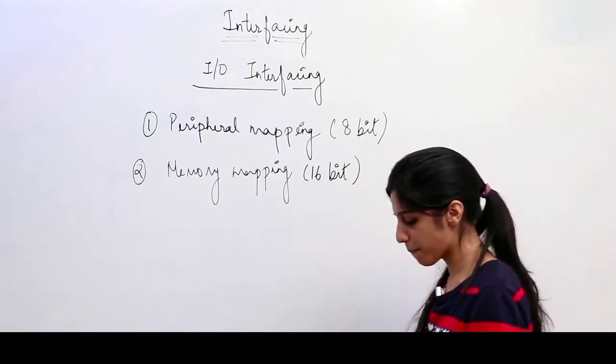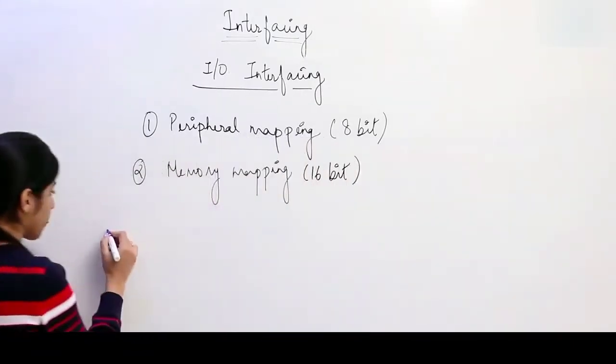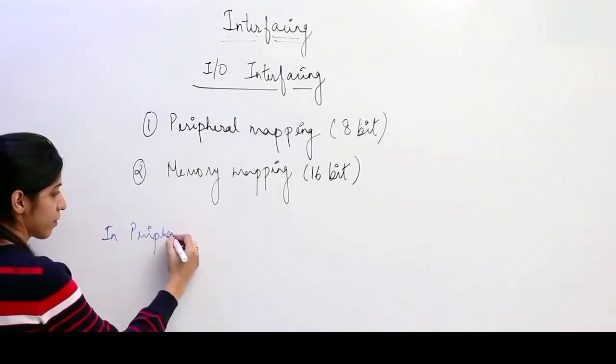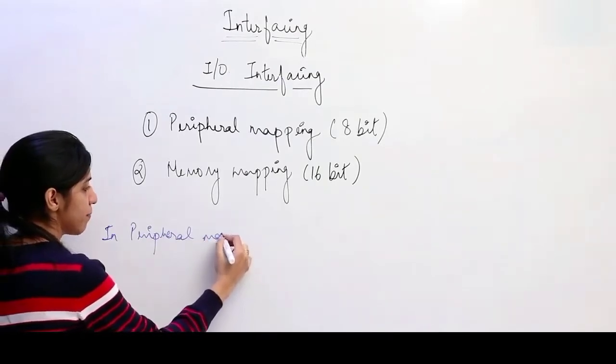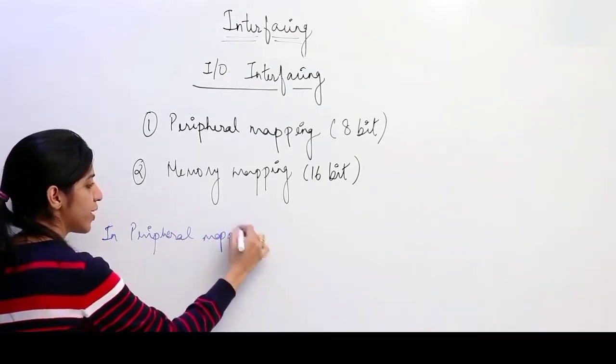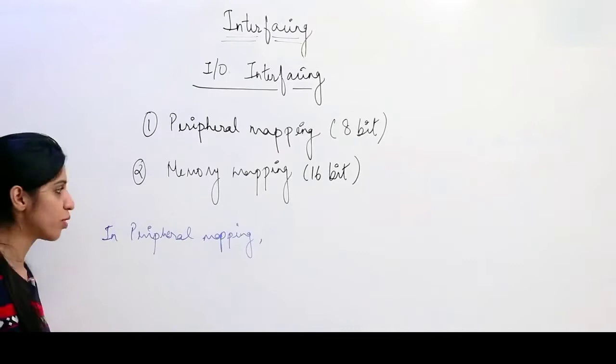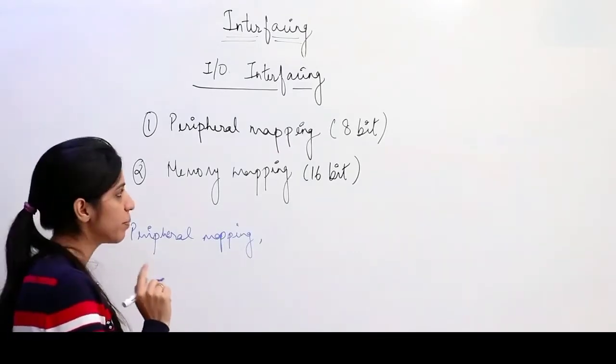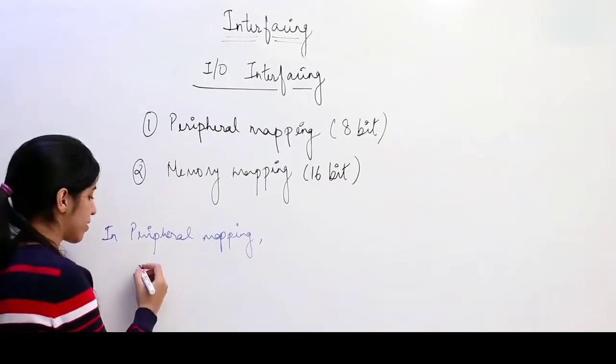So see, in peripheral mapping we are going to connect devices like keyboard, monitor, whatever you are going to connect, and they are going to have 8-bit addresses.